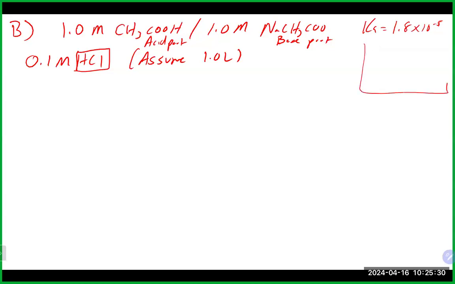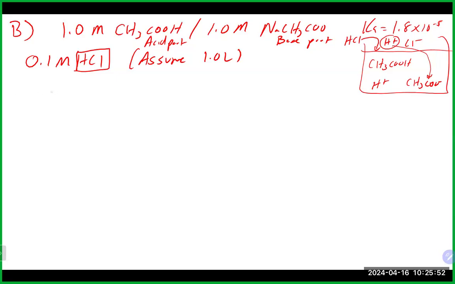Because again, we have a beaker sitting here with, as I drew earlier, this situation. When we add that HCl, which is H plus and Cl minus, that H plus is going to react with the base part of our buffer.